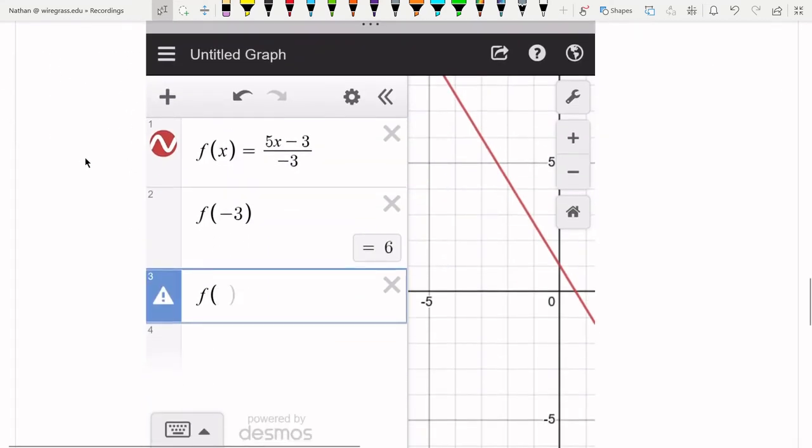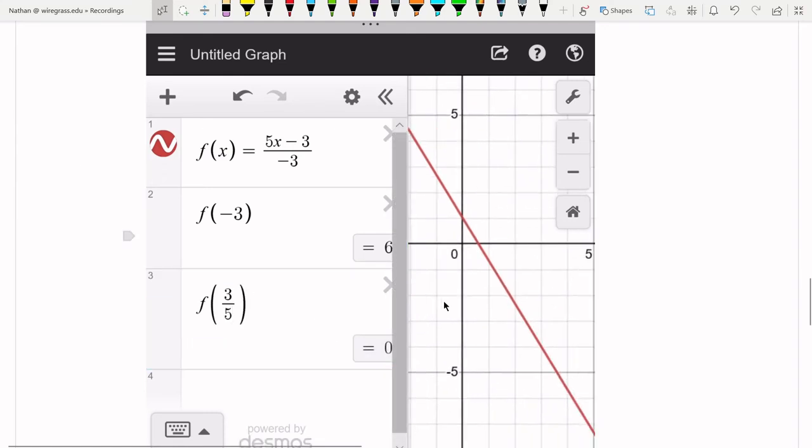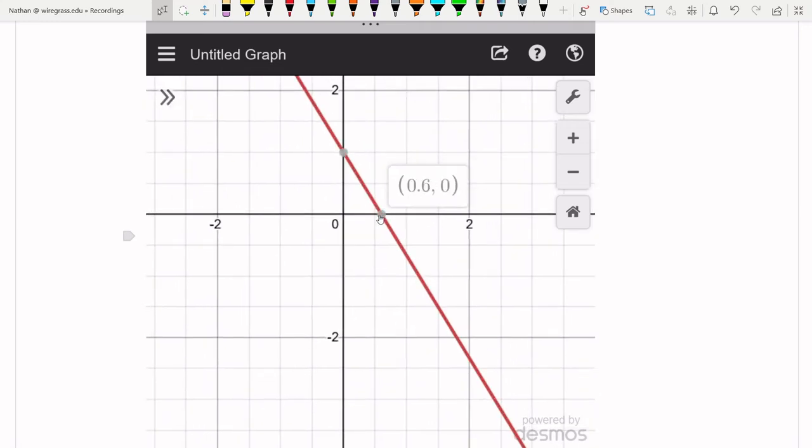Yep. 3/5. You can see we get out 0. f of 3/5 going to 0. That just so happens to be our x-intercept. 0.6 is the same thing as 3/5. So of course we got 0 as a y value, and x-intercepts always have 0 as a y value, so that makes it an x-intercept.